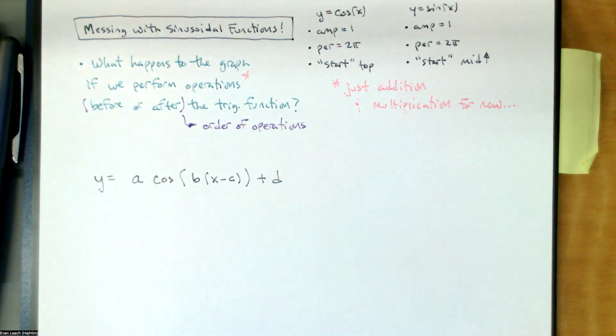So here is a cosine that's been modified. It's been modified with addition and multiplication. Some of the addition and multiplication happens before cosine. Some of the addition and multiplication happens after cosine. But this is a modified cosine function.